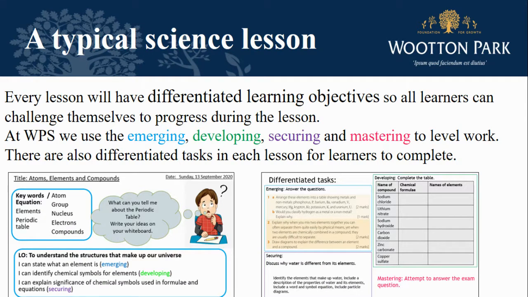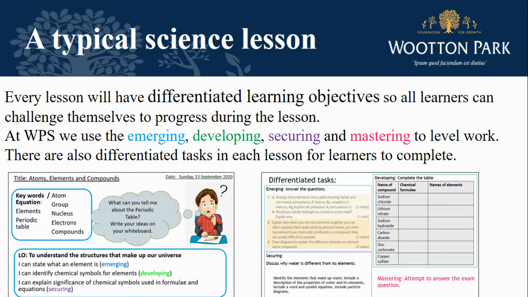During a typical science lesson, we have differentiated learning objectives so all learners can challenge themselves to progress during the lesson. As you can see in the bottom left-hand slide, we will start our lesson every single time with the same slide, changing the key words and the learning objectives to suit the lesson and the learners we have in front of us.